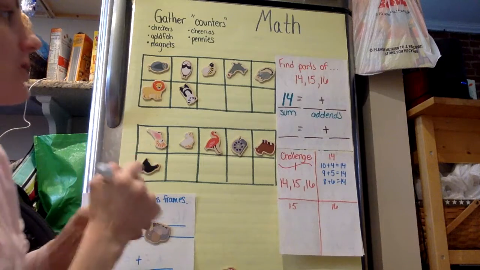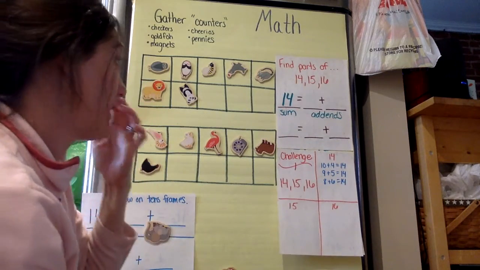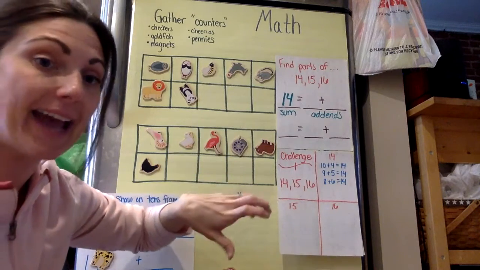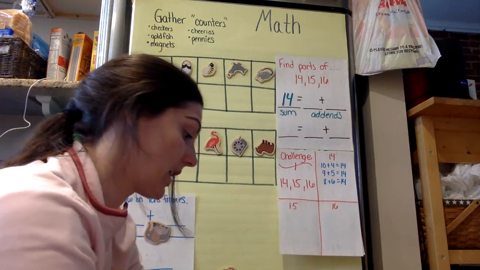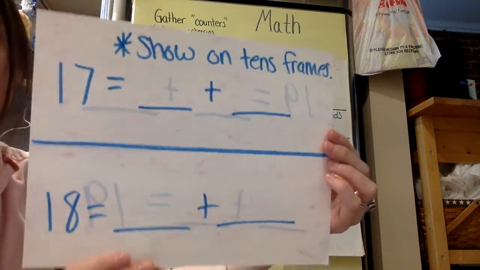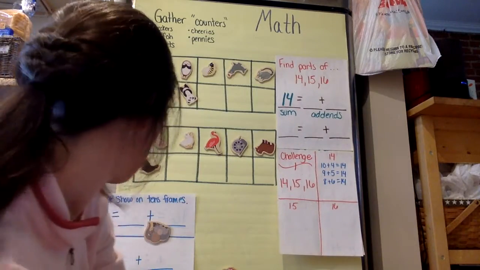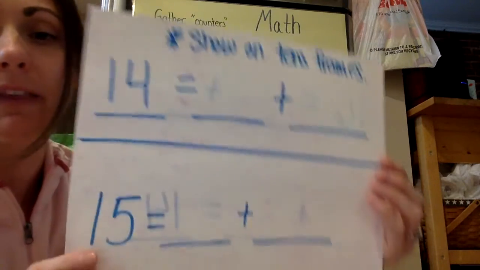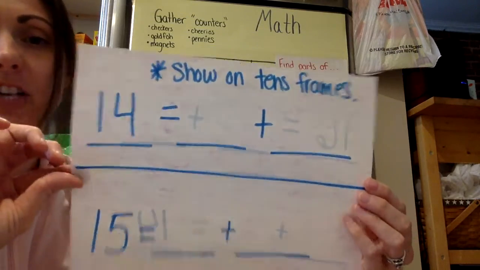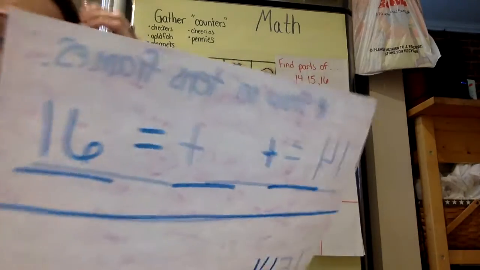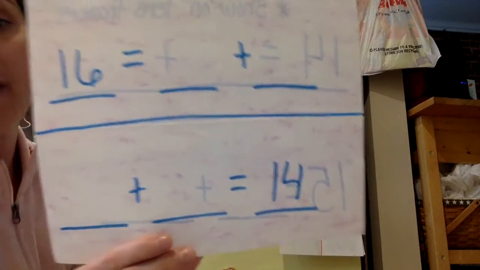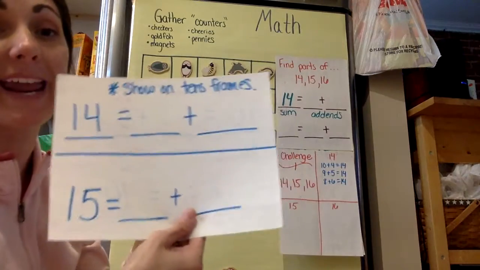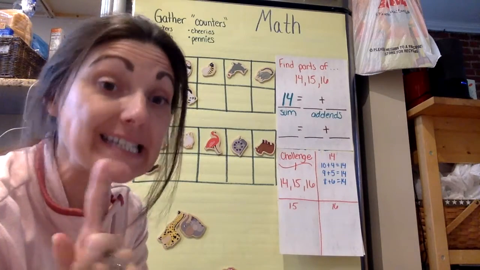I need to make sure that I start with 14, and I'm going to fill my tens frame. Make sure today when you are doing this, which I have the picture in Dojo. Oh, I'm sorry, that's for tomorrow. This one right here. When you are doing this today, which is the activity sheet that I posted in the Google Drive, make sure that at least one add-in you're using on this page is 10.